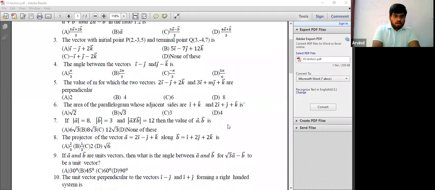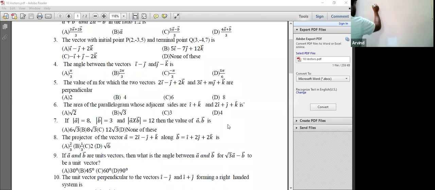If modulus of vector A is 8 and modulus of vector B is 3 and modulus of vector A cross vector B is equal to 12, then what is the value of A dot B? Instead of saying vectors, I just use the words A and B. It's a very simple question.